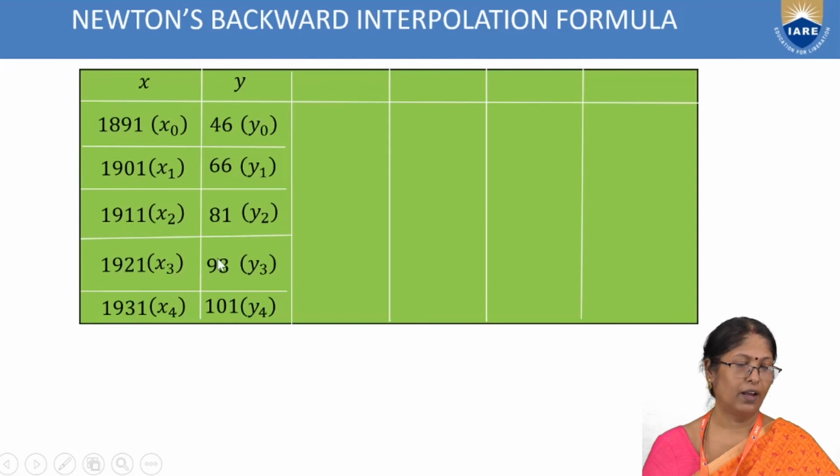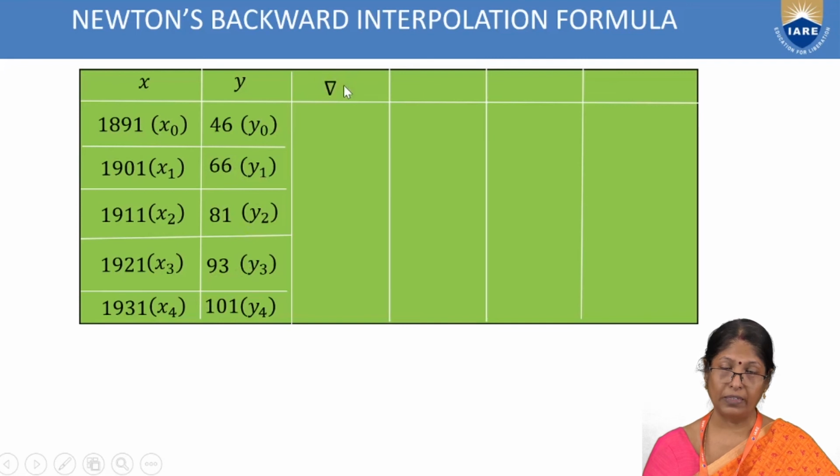Similarly, the value of y3 is 93 at x3, 1921. The value of y4 is 101 at x4, 1931. So the given data of our problem is listed under x and y, and all the data are also given names.